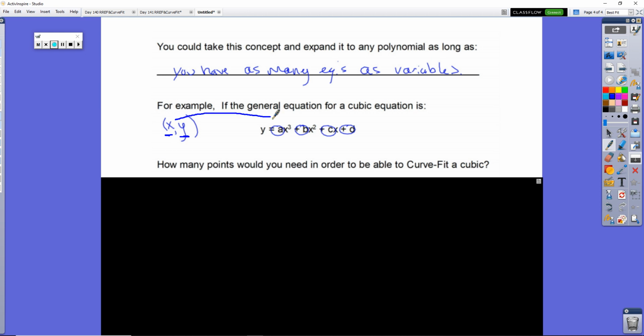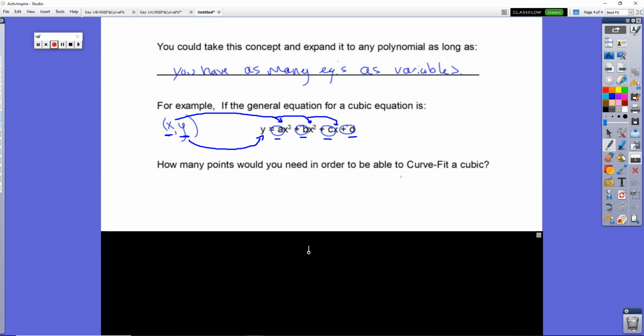So the x's would go in here, here, and here, and the y coordinate would go in right here. That means the x's and y's are not the variables for this problem if they're going to give you the coordinates. What are the variables for this problem are the a, b, c, and d coefficients.